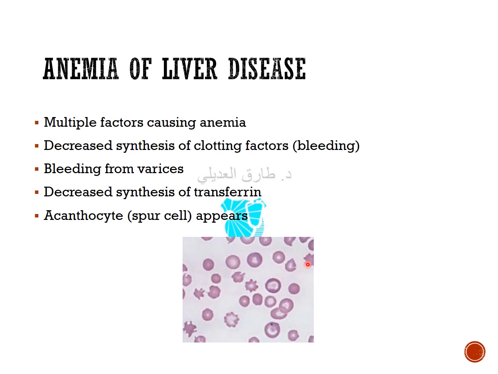You see all of these RBCs with abnormal shape. These are acanthocytes or spur cells, and they appear in liver disease. Sometimes they look very similar to the echinocytes, so both of them are a continuum to each other.